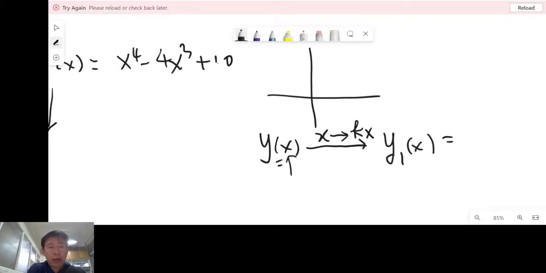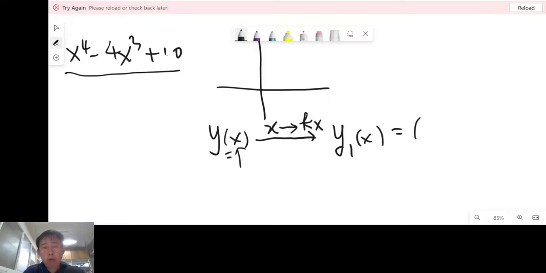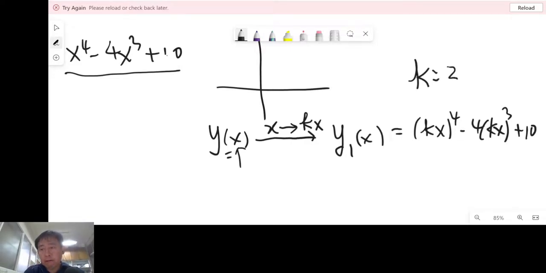And here y is this expression, so you would replace all the x in y by kx: (kx) power 4 minus 4(kx) cubed plus 10. Here k is taken to be a factor of 2.